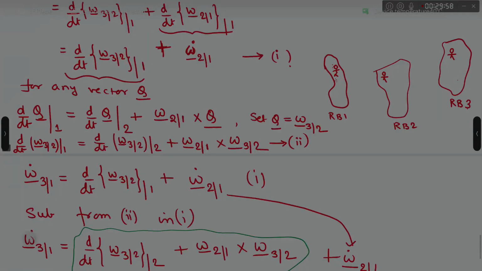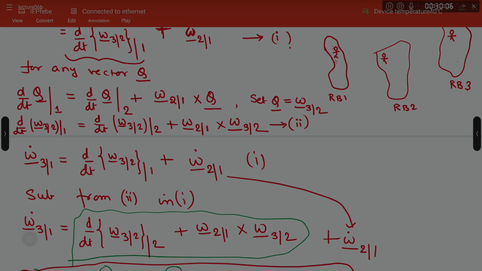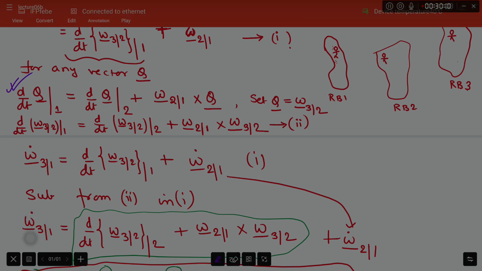Now again, I recall that for any vector q, I can write this expression, rate of change of q with respect to 1 equals rate of change of q with respect to 2 and then omega 2 1 cross q.